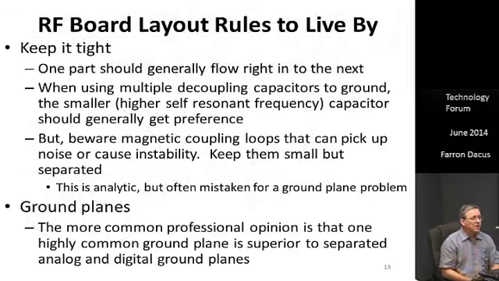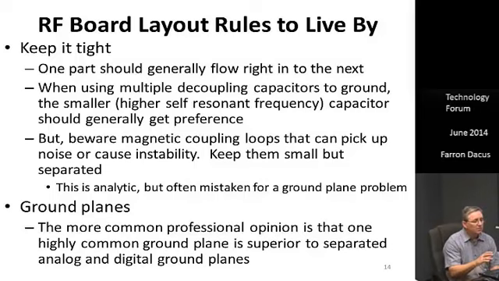Okay, so some layout rules for RF. Just like with the parts, which have all those parasitics, layout also has some special things to be aware of in RF design. Generally, to keep down series inductance and the need to use transmission lines on the board, what we call strip lines, one part should flow right into the next.